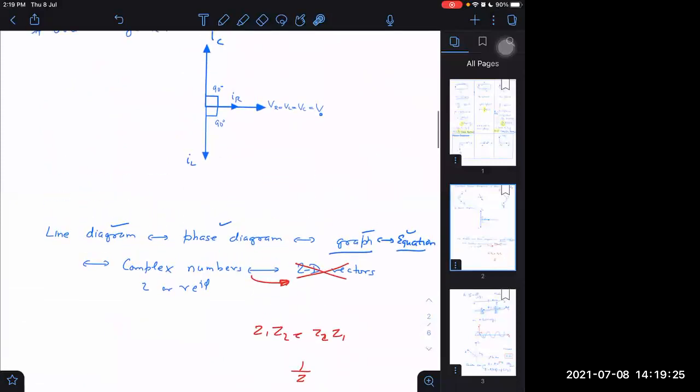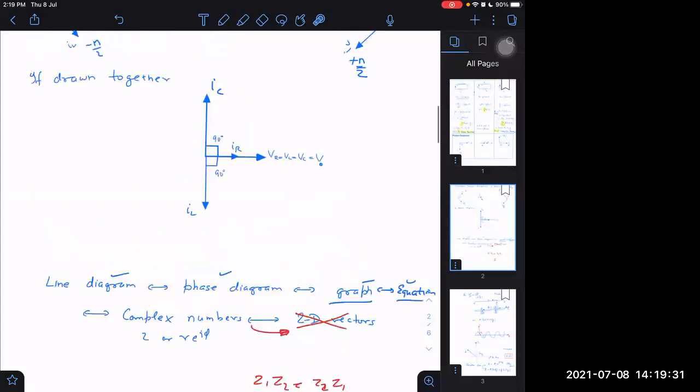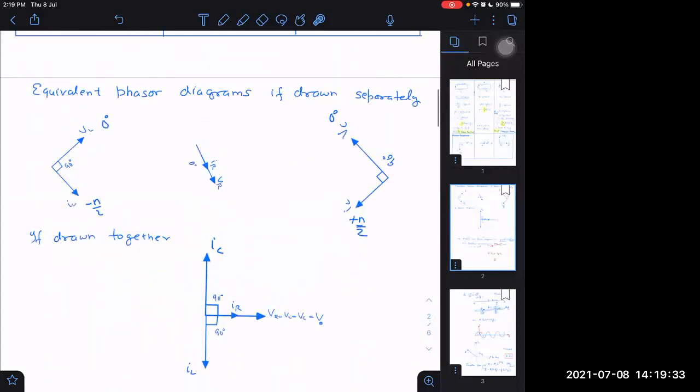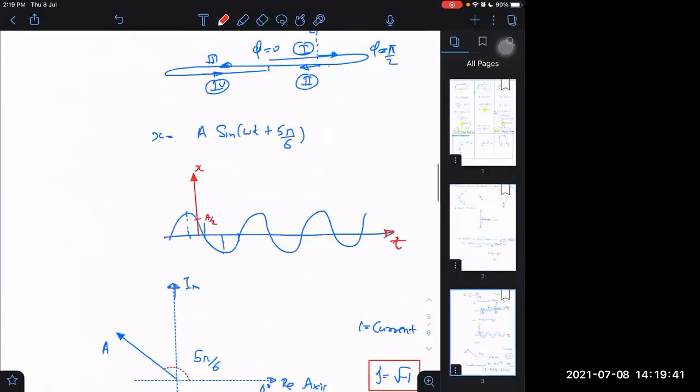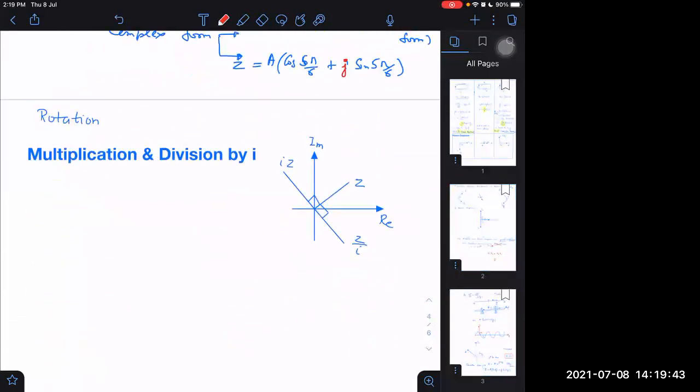Right. So this is what we are going to do now. We have to check what is the value of IL here. Let us write the value of IL.